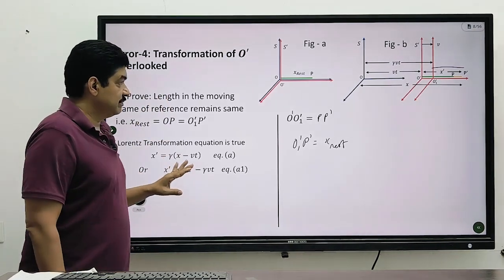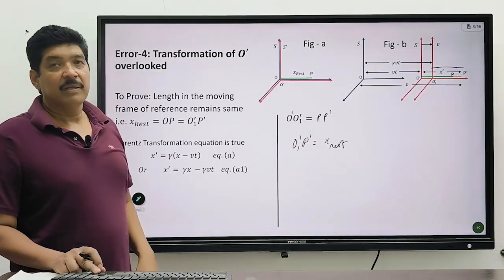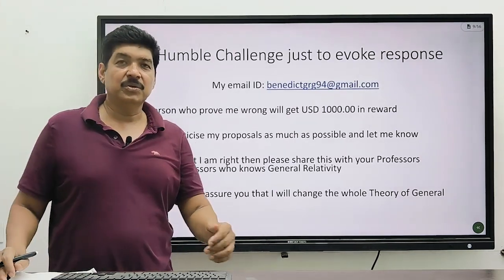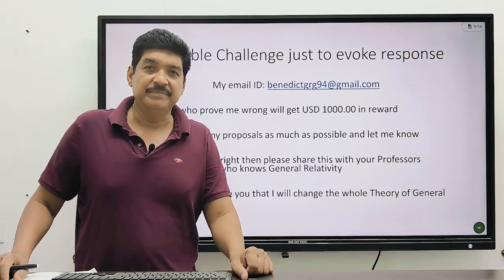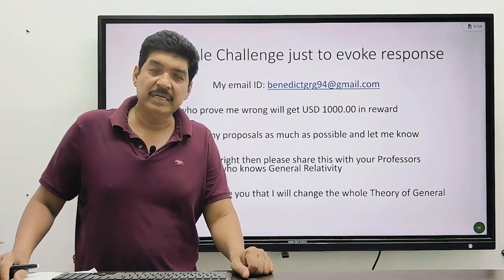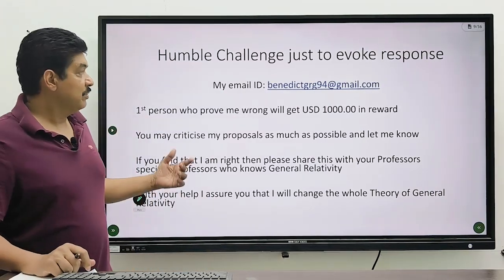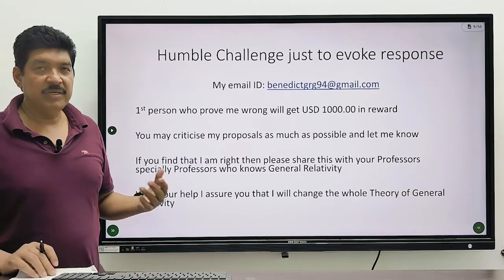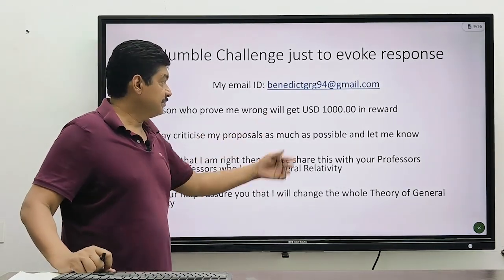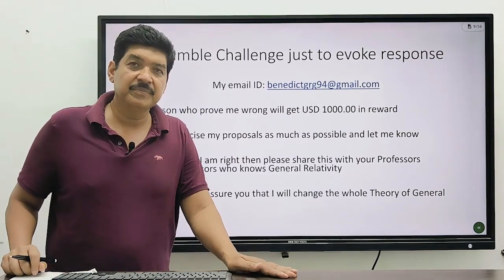So I have given these 4 errors. Kindly go through all these 4 errors, and if you find that it is wrong, let me know. The first person who points out that my theory is wrong, I'll give $1,000 reward to that person.